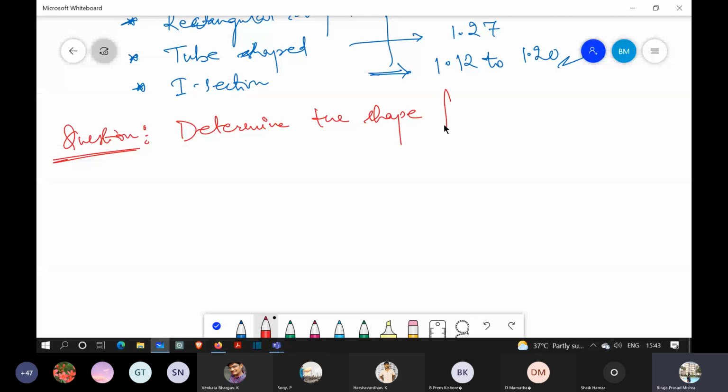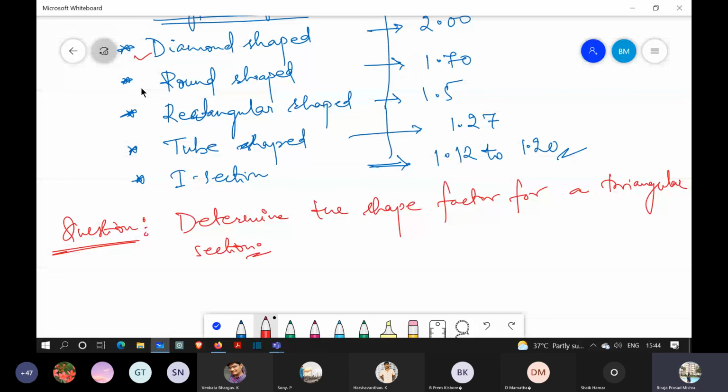So we have seen the diamond shaped, rectangular shaped, rounded shaped, tube shaped and I section. Now let us determine the shape factor for a triangular section.